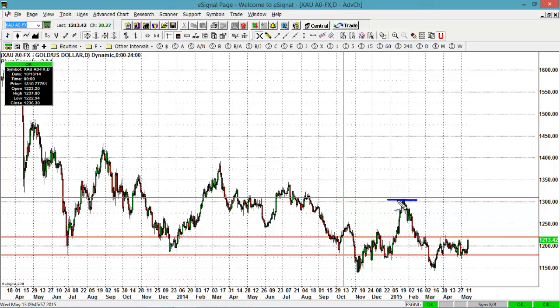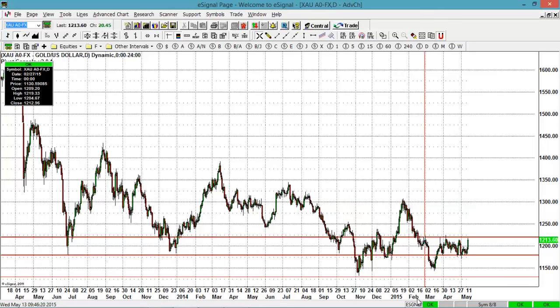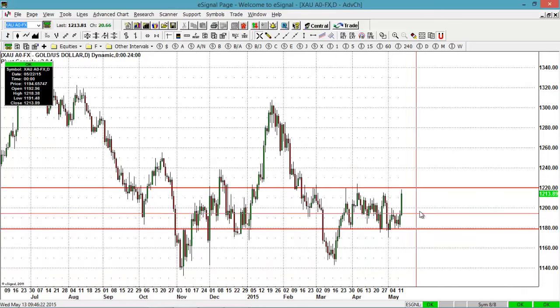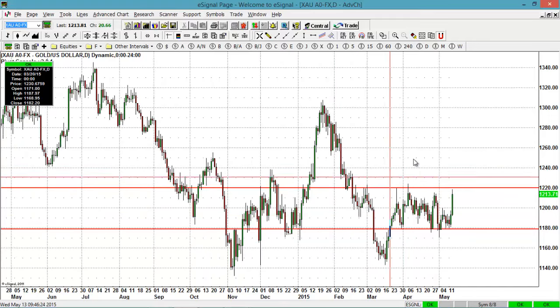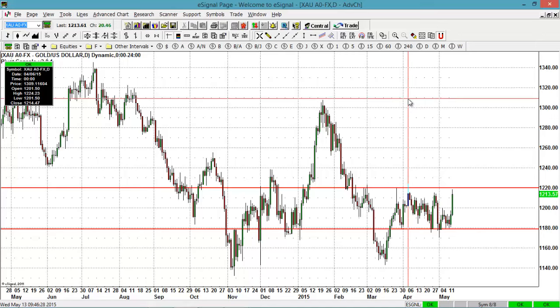If the market is able to trade above this swing high, that would be fairly bullish for gold, and we could resume a longer term uptrend if that occurs. But for now, the momentum is still slightly to the downside, and whichever way this market breaks out of this channel may give further clues as to the ultimate direction in gold.